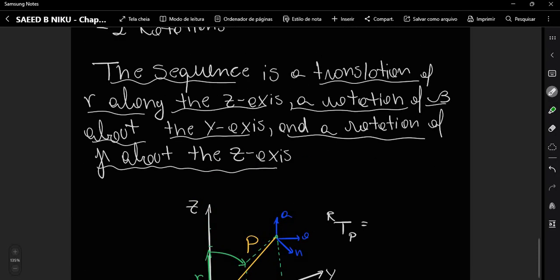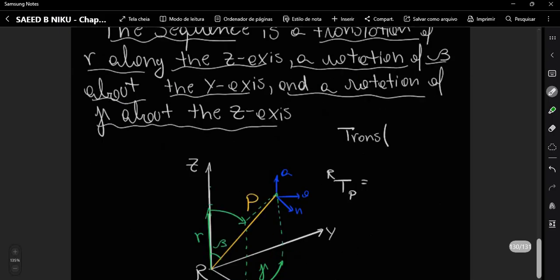And now a translation of R along the z-axis.